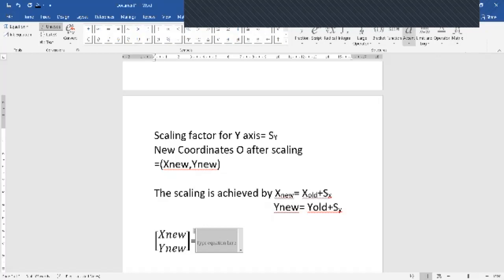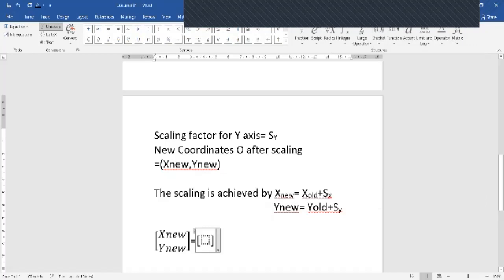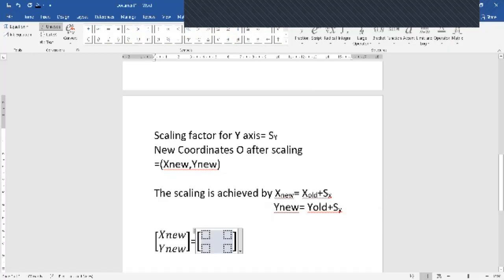Now let me write the formula. It is Sx, 0, as it is a diagonal matrix. I suppose everyone knows that a matrix whose non-diagonal elements are 0 is known as a diagonal matrix.